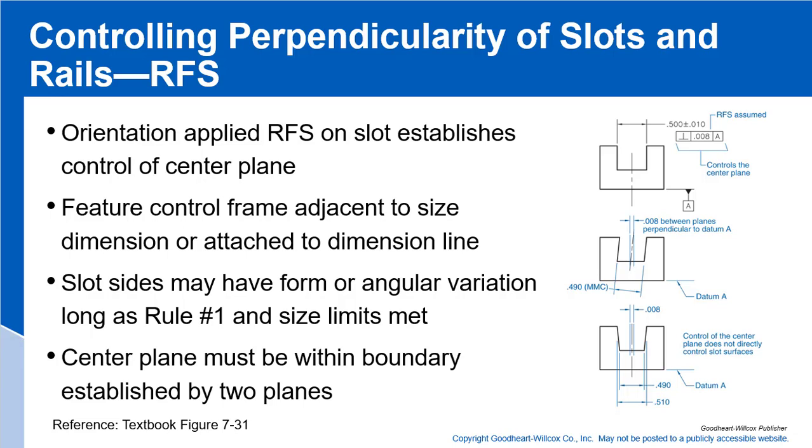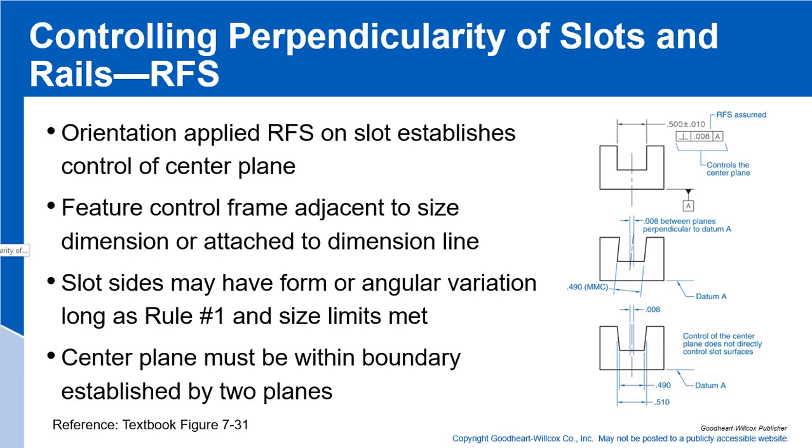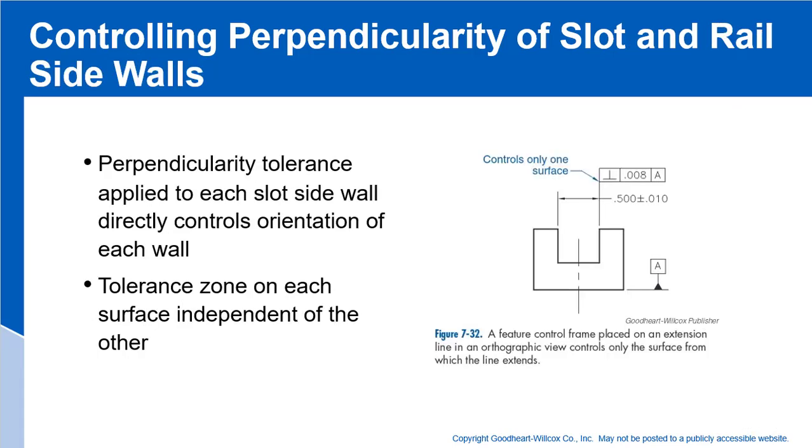Now, one more slide before I conclude this one. Controlling the perpendicularity of slot and rail sidewalls. When we're controlling the center plane of the slot, we aren't saying anything about what the sidewalls look like. So if we wanted to control a surface using perpendicularity on one of the sidewalls, this is how we would do it.